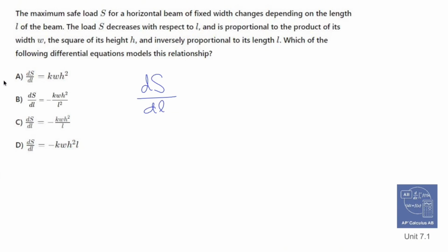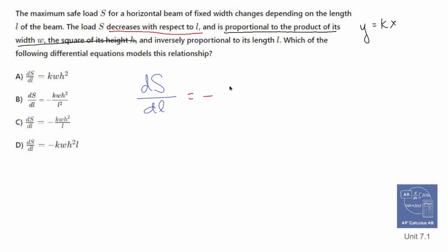So it looks like 3 things that we're looking at here. First things first, the load decreases with respect to L. Okay, so that's going to give us a negative. Now, proportional relationships are given to you in the form y equals kx. This is telling me proportional to the product of its width and the square of its height.